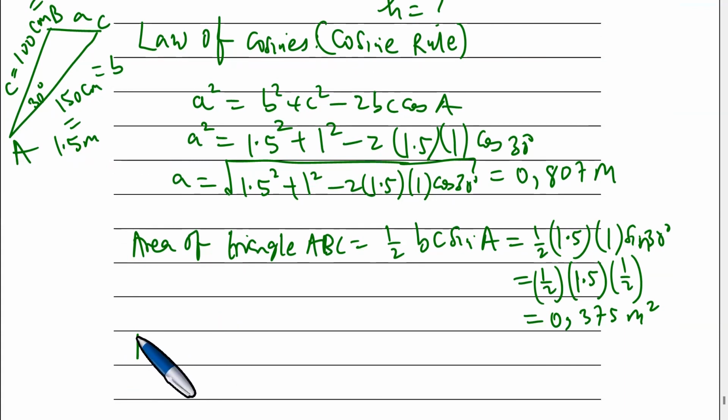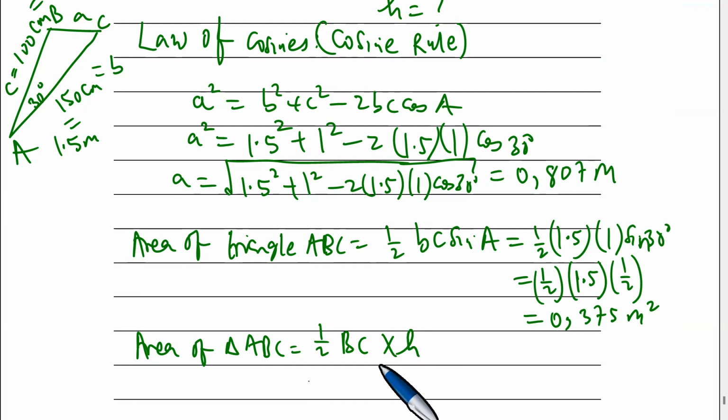The area of triangle ABC is half base times the height. We've already got the area of the triangle, 0.375, which is half BC times the height, which is what is wanted.